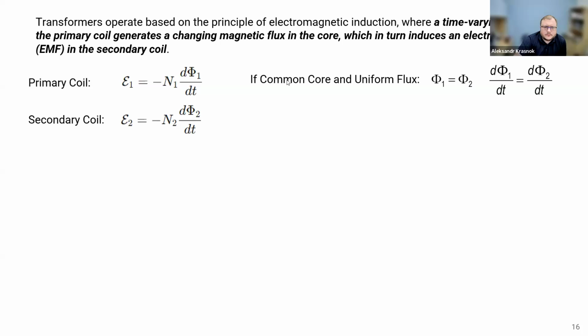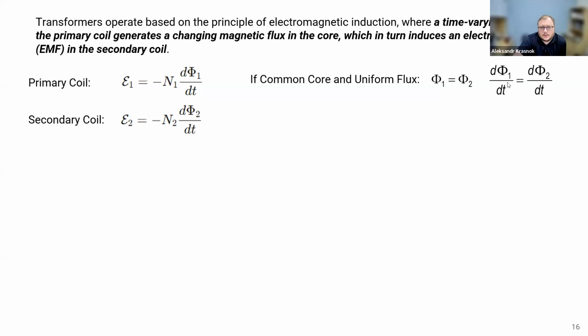And as I said, for the perfect transformer the flux through the first and second coil are the same because they are sitting on the same core. And since the flux is the same, their time derivatives are also the same.